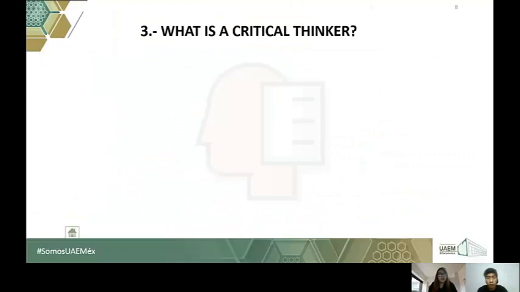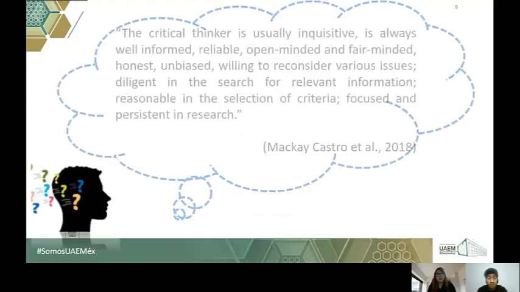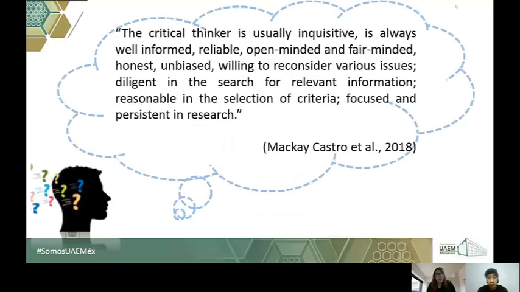This brings us to the next point, that is, what is a critical thinker?